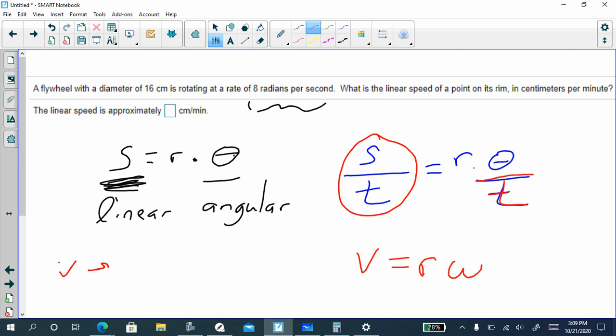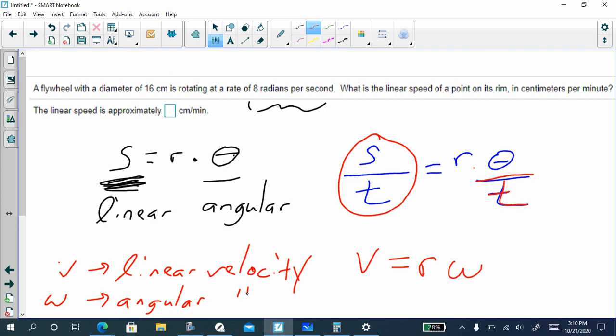So v is linear velocity. Omega is angular velocity. How fast is the angle changing? Linear velocity, how fast is our distance changing? Angular velocity, how fast is our angle changing?